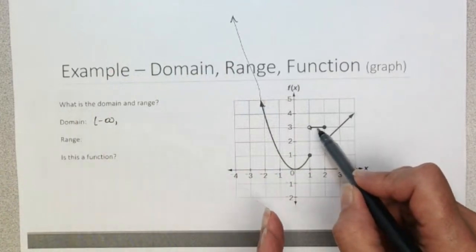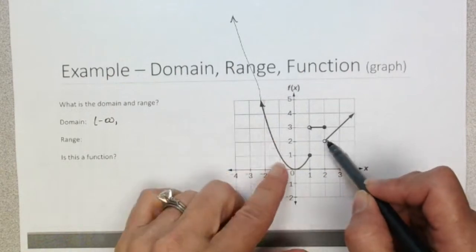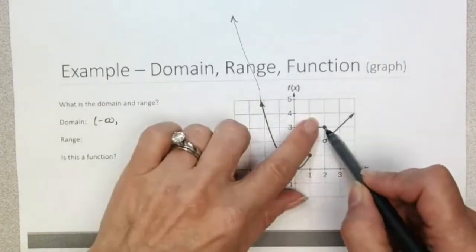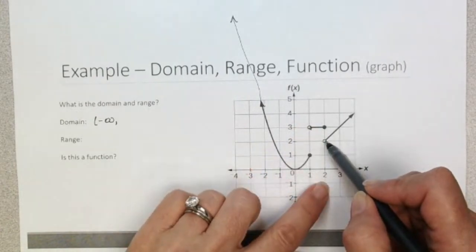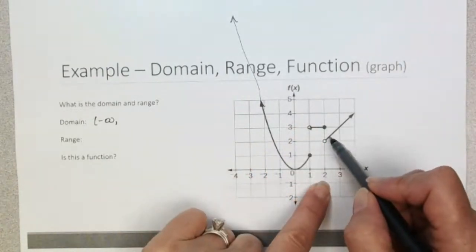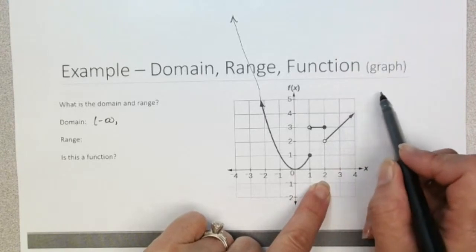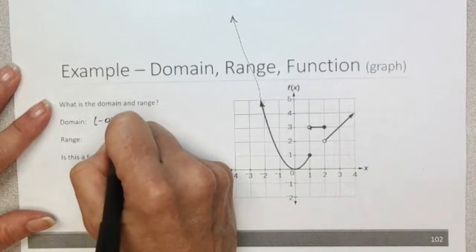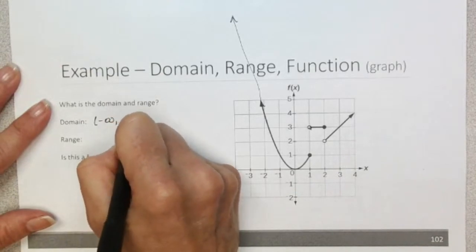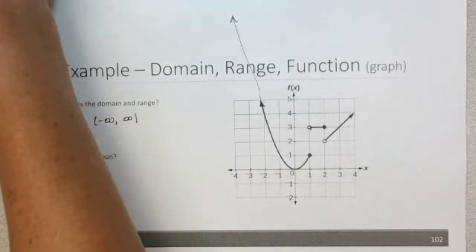As we continue following left to right, at x equals 2 the graph breaks, but it picks up again right here at 2.0000001, and it keeps on going. Because no x's are eliminated here, the domain is still negative infinity to positive infinity.